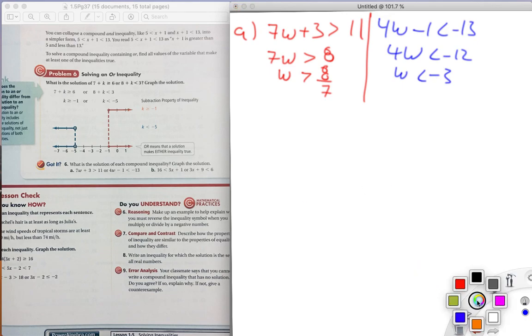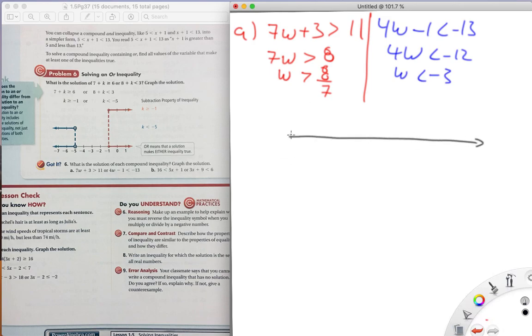Okay, so when I graph this, -5, -4, -3, -2, -1, 0, 1, 2, 3.